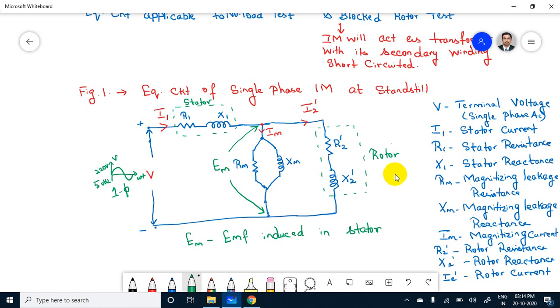Understand? This is figure 1 for equivalent circuit of single phase induction motor at standstill. Standstill means it is not running.